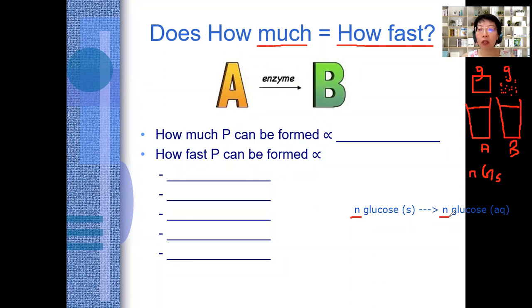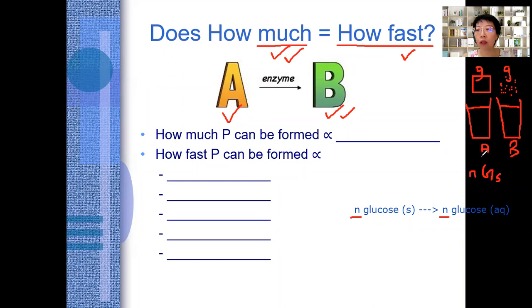Now, my second question is, so I've talked about how much, right? How much product you can get actually depends on how much substrate that you use, isn't it? Now, second question, how fast I will get my product B? Does it depend on how much A I use?